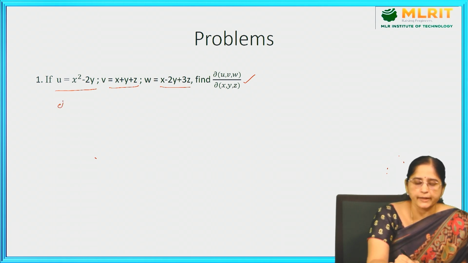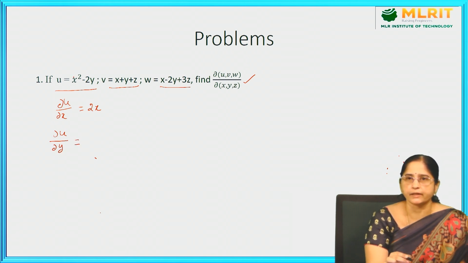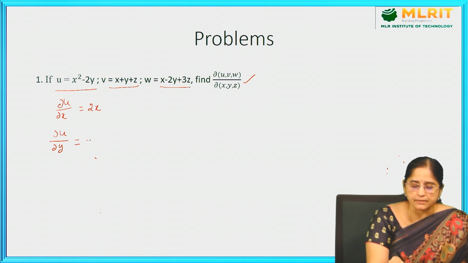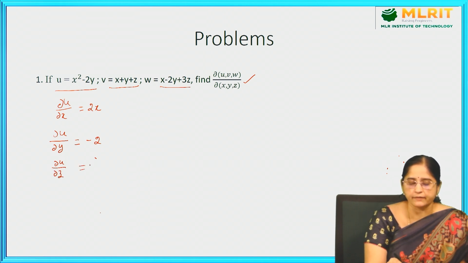So ∂u/∂x equal to, with respect to x, derivative of x square is 2x, derivative of 2y is constant, 0. ∂u/∂y with respect to y, x is constant, derivative of x square is 0 and derivative of 2y is minus 2, and ∂u/∂z with respect to z, there is no z term, that's why the derivative is 0.